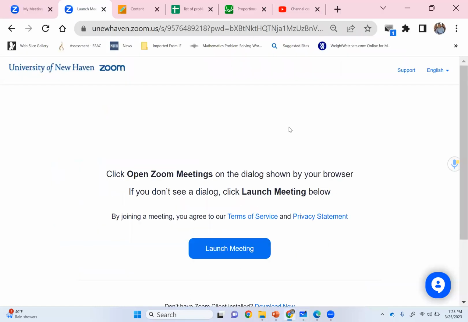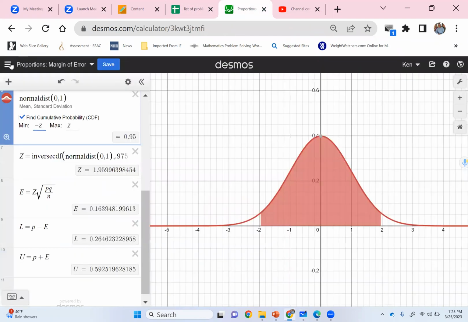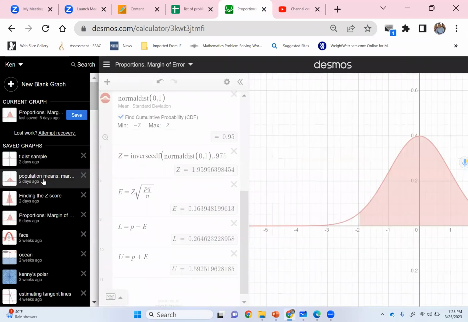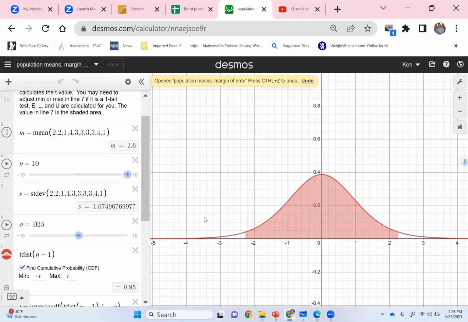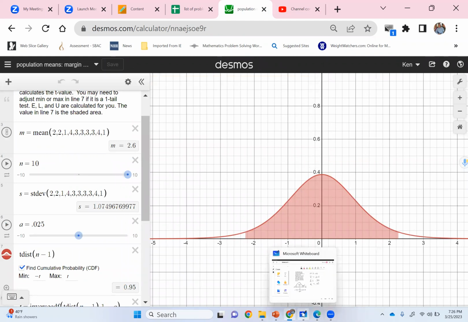So where is Desmos? Okay, there it is. And we have this other one open from before. Let's find population means. Yeah, that's what we're trying to calculate. Okay, here we go. Notice last time we had to input the data, this time we do not.